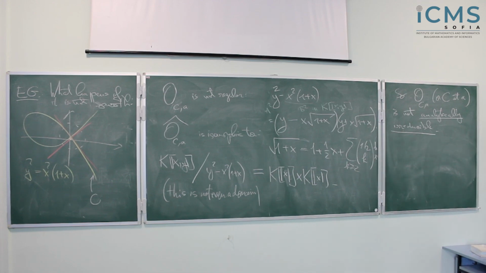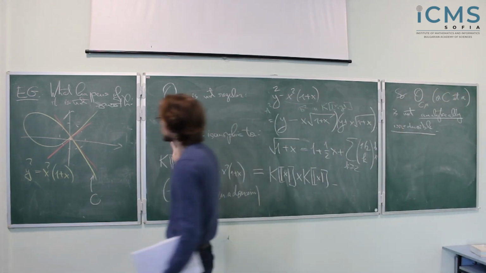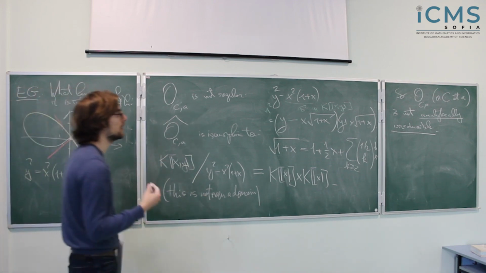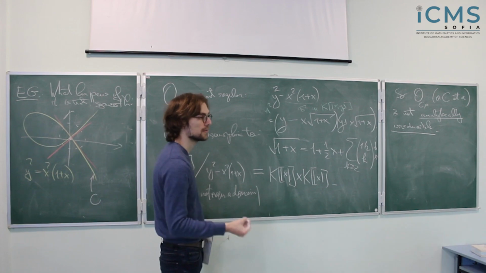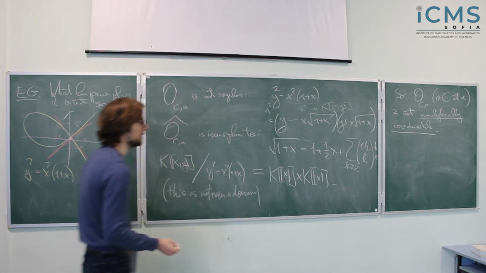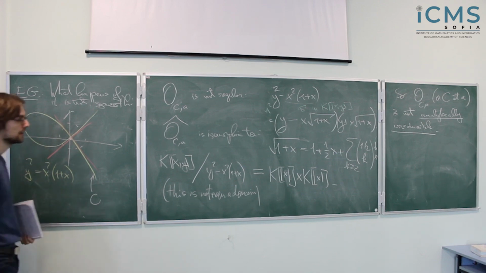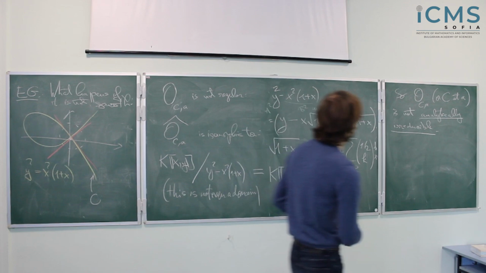So, if we complete the local ring, we obtain something which is not a domain. There's also a notion of analytically reduced, which amounts to saying that the completion is a reduced ring. But sometimes this also cannot happen. Okay.